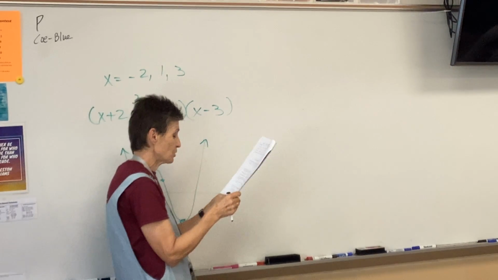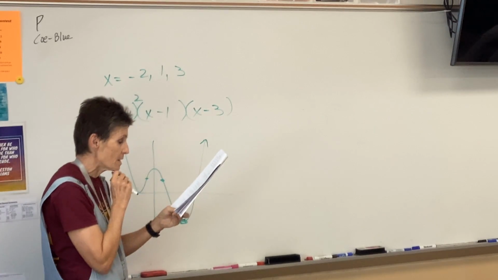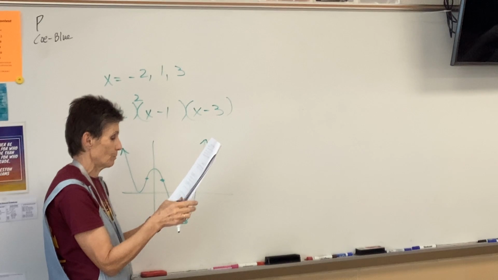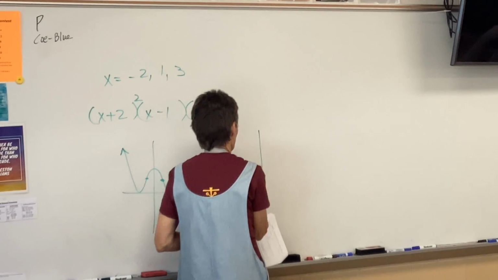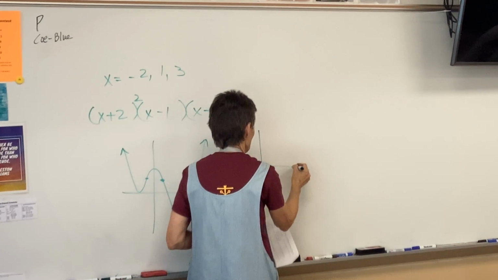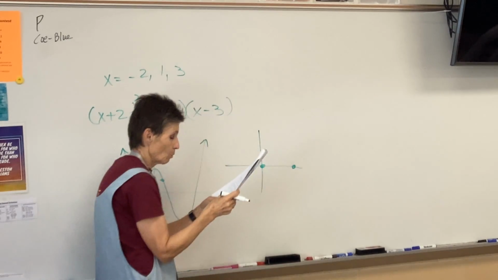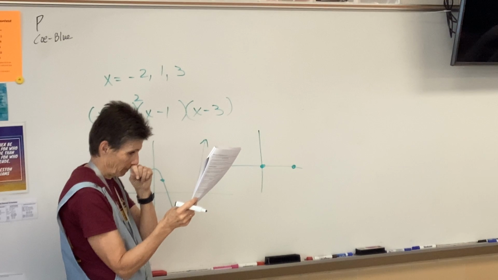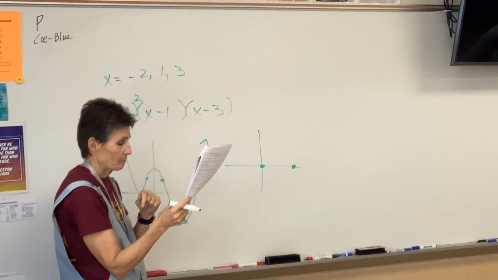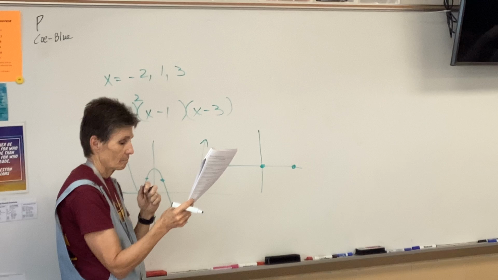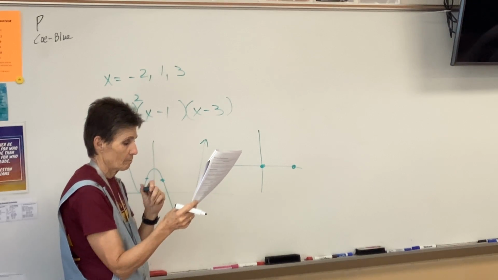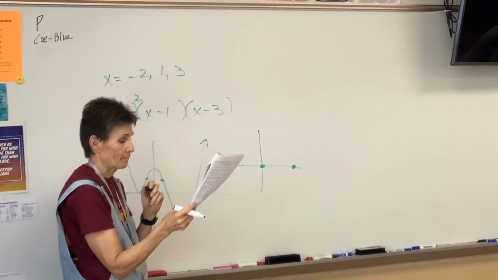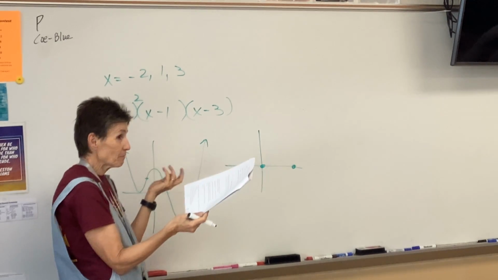A polynomial function has x-intercepts at 0 and 4. Which of the following statements must be true? So I got something that has a 0 at 0 and 4. Which of those has to be true? Does it have to be quadratic?